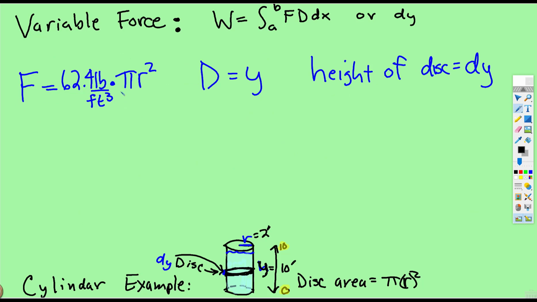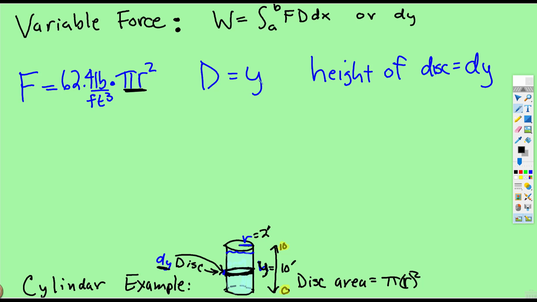So here is the capital F is equal to that 62.4. Remember, we have this disc right here. We have this disc of oil that we're pushing up, and the area for this disc is pi r squared, right? And the depth of that disc is going to be represented by the dy.